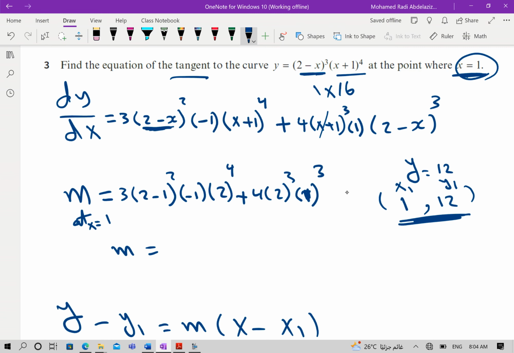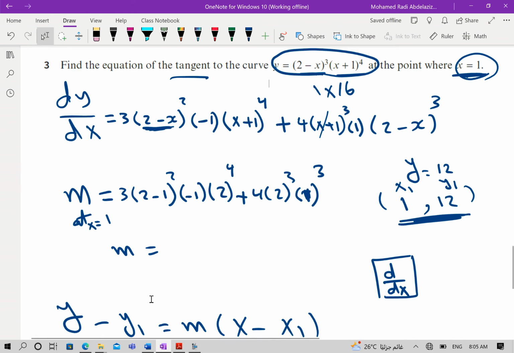What is the answer for the gradient? By using your calculator directly, you have a key written d over dx. You can use it directly without differentiating: just write your function and x equals 1, and you will find the gradient. What is the gradient after substituting?